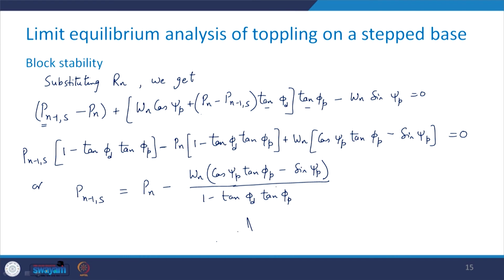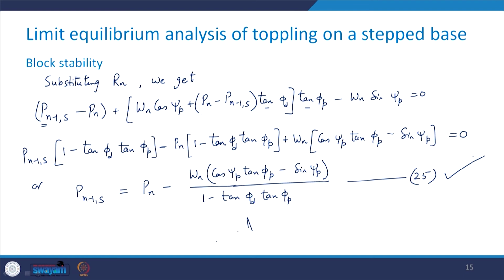So this is how we will get the Pn minus 1 for the nth block which is undergoing the sliding. Make this equation as equation number 25.